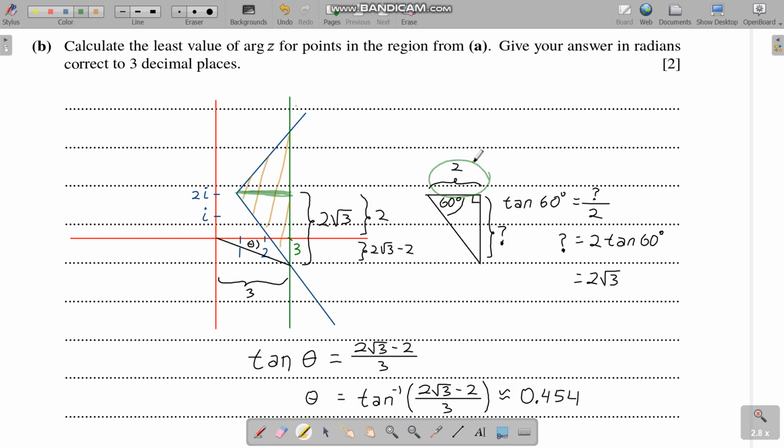That's why this is 2. And pi over 3 is actually 60 degrees, so pi over 3 radians means 60 degrees, so this angle is 60 degrees.